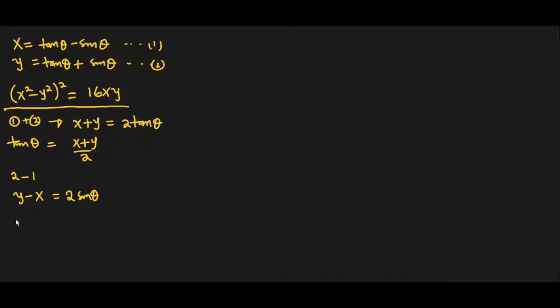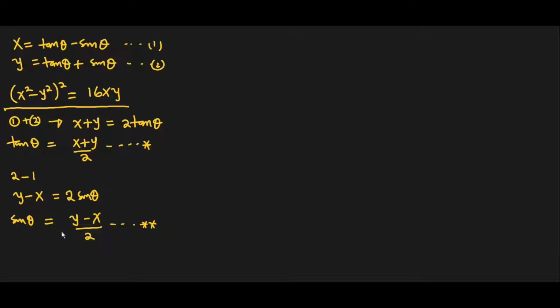From this we have that sine of theta is equal to (y minus x) over 2. So now we have these two equations, which I can call star, and this as star 2.